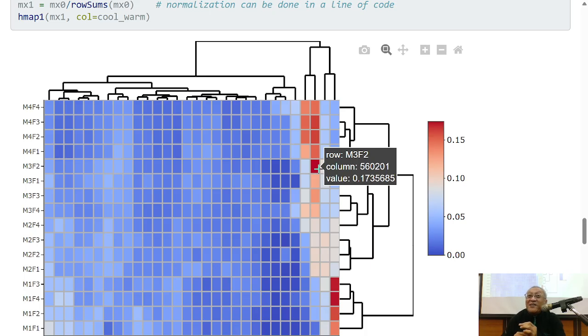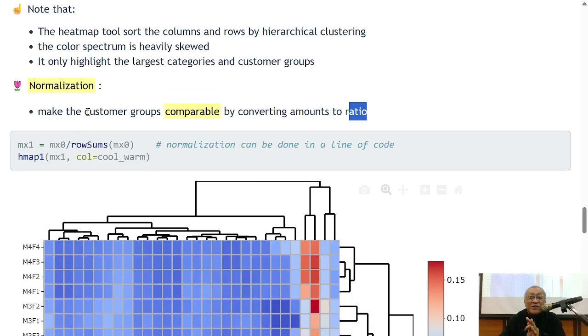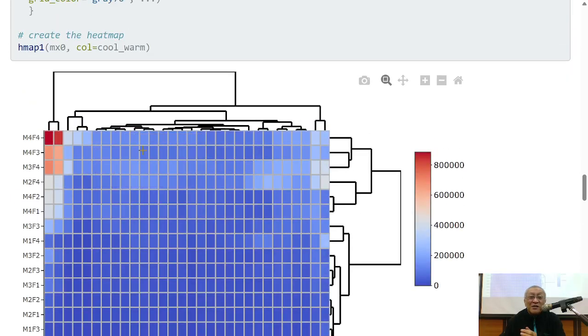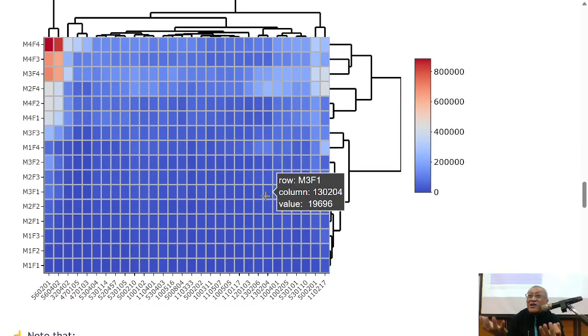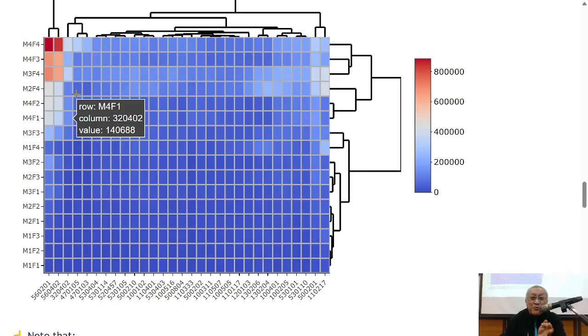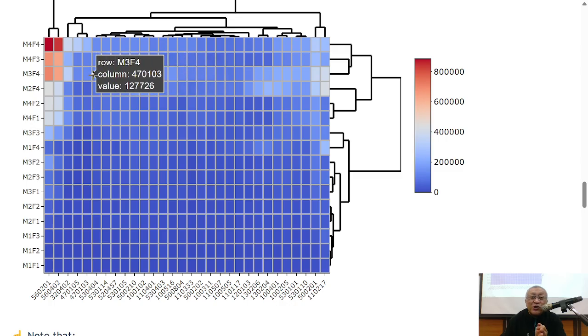Okay. So without doing this normalization, you will see this matrix will not give us information, right? Because in this matrix, the value here is actually the buying amount, right?